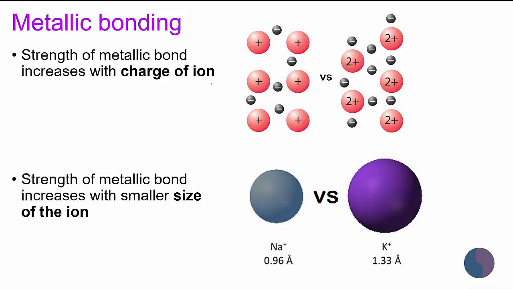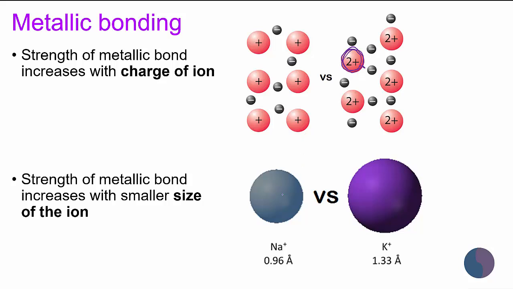So how do you know which one's got a stronger metallic bond? If it's relatively the same size, the one with the larger charge, the greater charge cation, will have a stronger metallic bond.